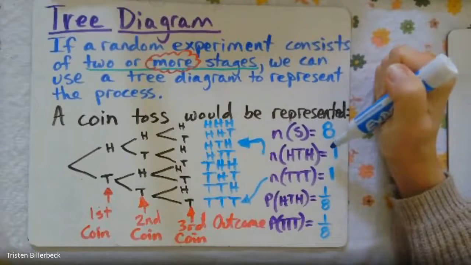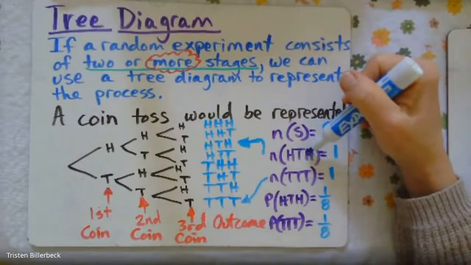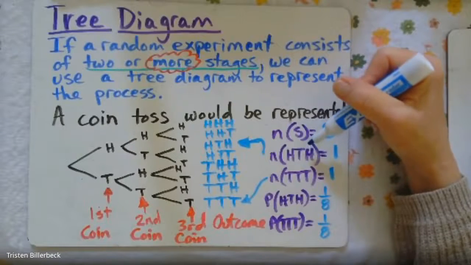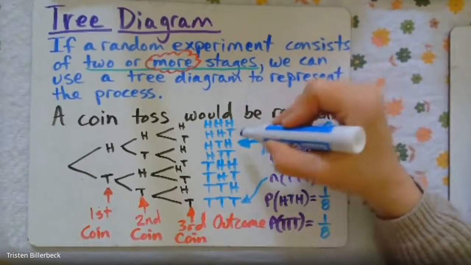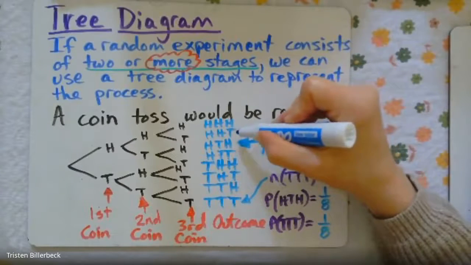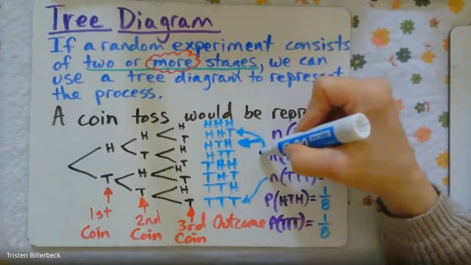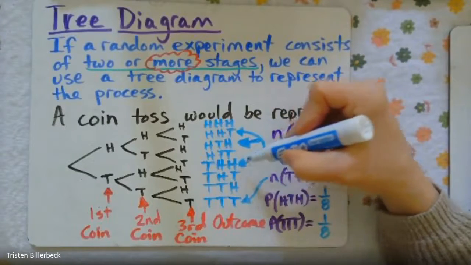But what if I changed this and said the probability of 2 H's and 1 T instead of HTH, where order did not matter? Then we're looking for something that has 1 T and 2 H's. And then look at that.